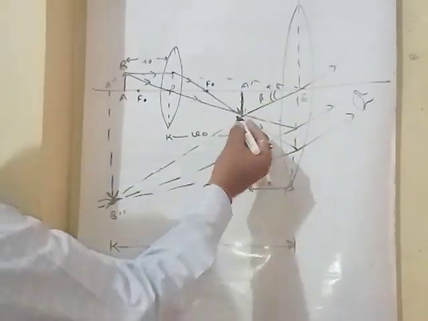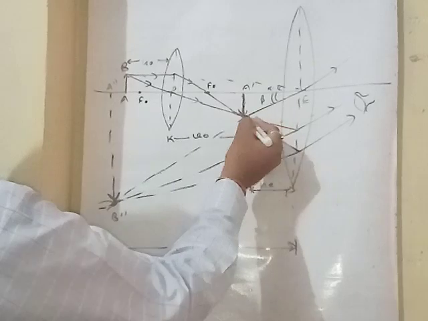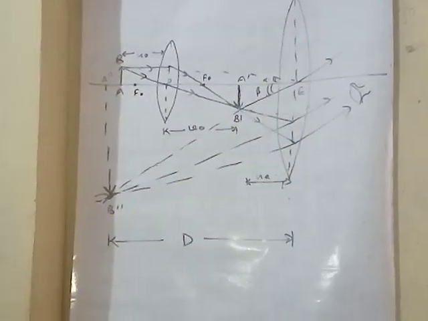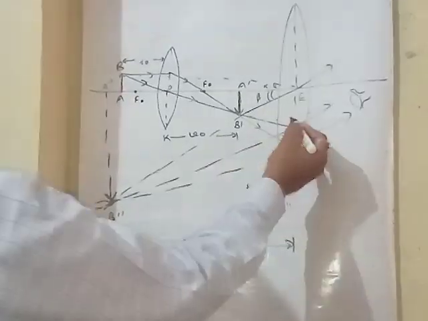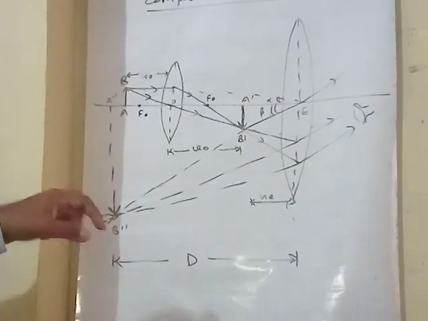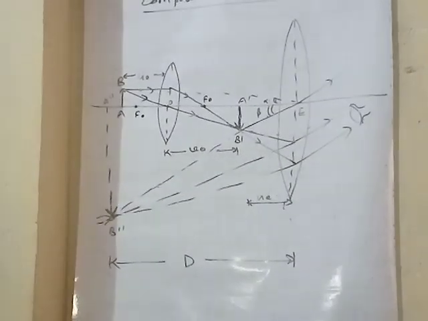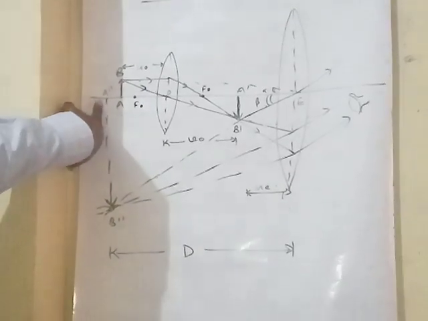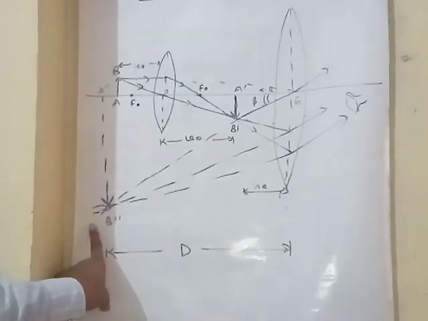Here, if we retrace the refracted rays from the eye lens in the backward direction, they meet at B double dash and form a highly magnified virtual image A double dash B double dash.